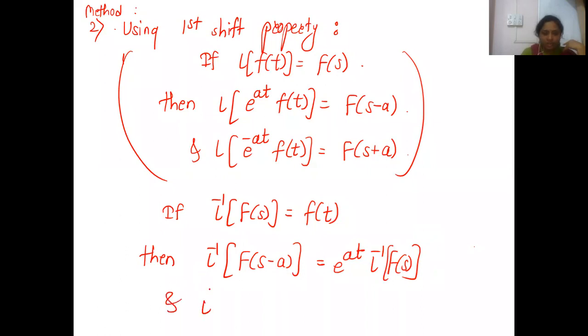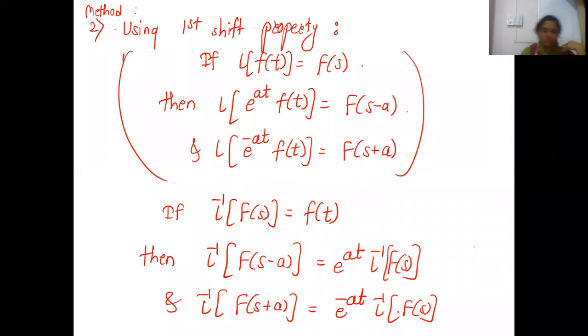And Laplace inverse of F of s plus a will be what? e raised to minus at into f of t, but f of t is Laplace inverse of F of s. Okay, so please understand this. This is the statement in inverse, exactly the opposite statement. Please write it properly.